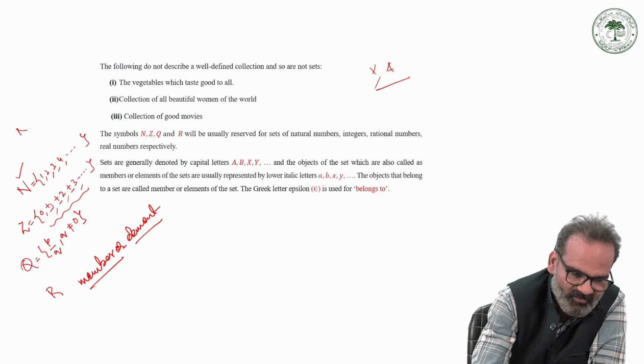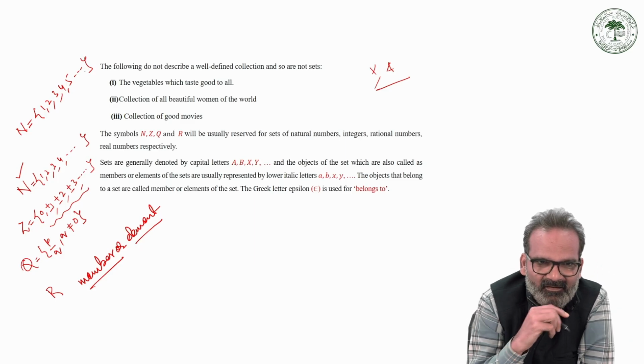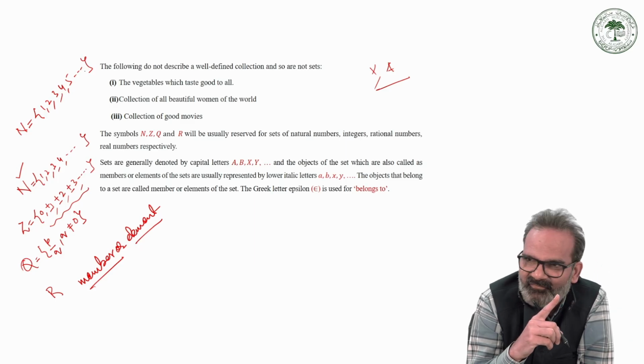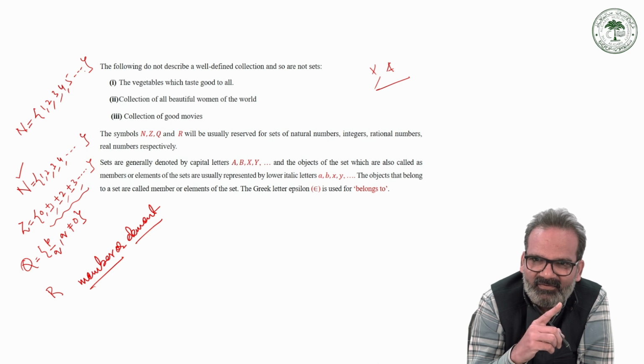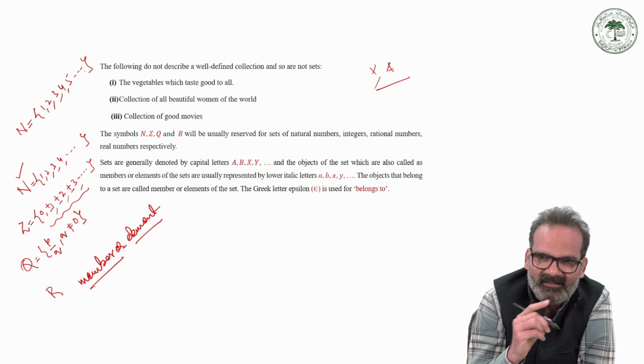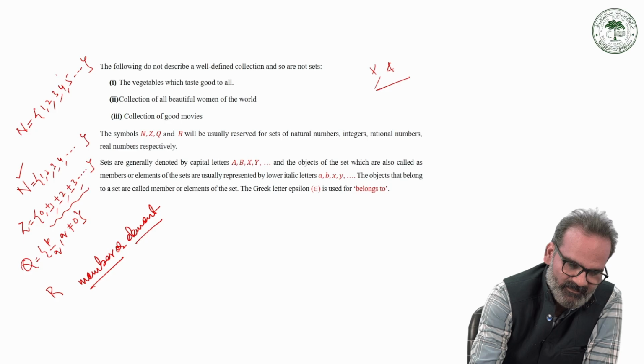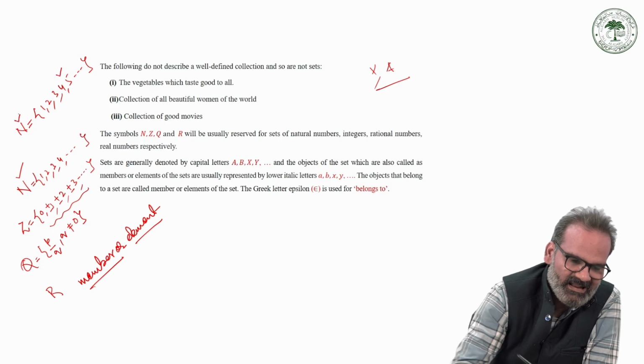N is the set of natural numbers, say 1, 2, 3, 4, 5. 1 is a member of N, or 1 is an element of N. 2 is a member of N, or 2 is an element of N. Likewise, 5 is a member of N, or 5 is an element of N.